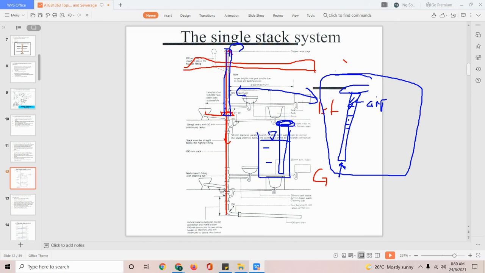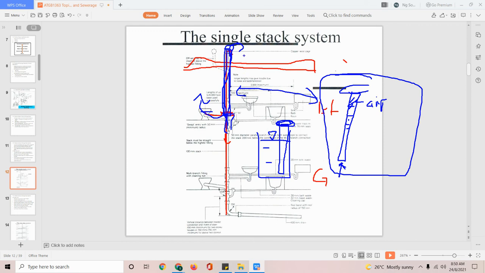We do not want that, because if we try to flush and our pipe just ends like this, then it will shoot out. Because of that reasoning, we want to have an additional pipe all the way up to allow gas to escape and to allow the sewage to flow down the pipe.